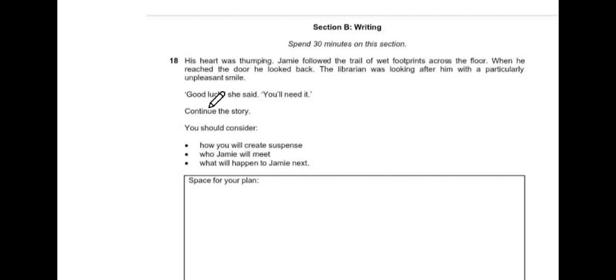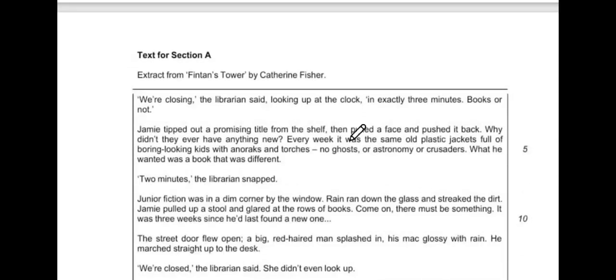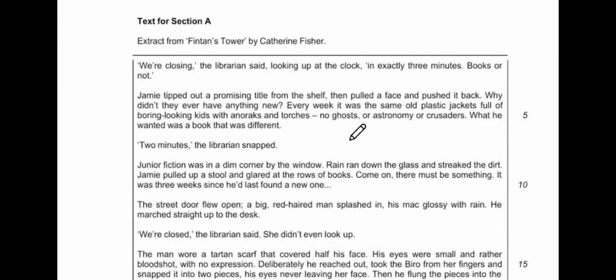Next, let's start the discussion of section A. First we have to read the insert for paper 2. So we will spend around 5 to 10 minutes on this. Let's read the passage together.